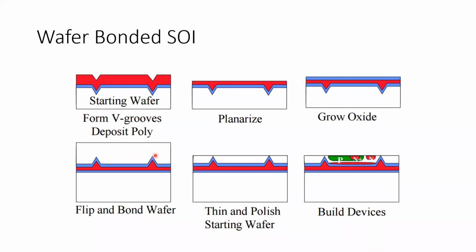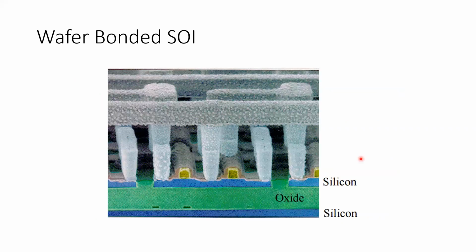Then back grind the top, the first silicon wafer, down to the insulating layer like silicon dioxide, and then we can make the transistor in this insulated silicon region. This is wafer bonded SOI, and here we show a wafer bonded SOI image. We have silicon, then silicon dioxide, and then silicon again, and then the metal interconnection on top of the silicon.